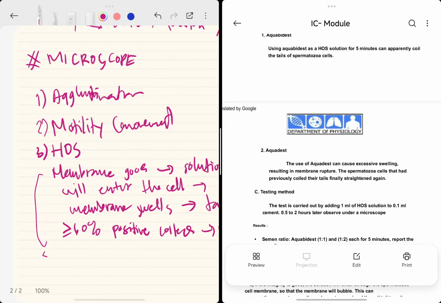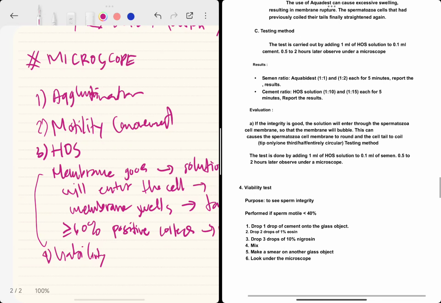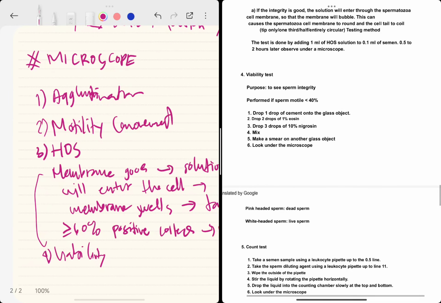Okay, the fourth one is the viability. Where's viability? Oh yeah, this one. So to see the sperm integrity, they use eosin and nigrosin, the solution that you drop.